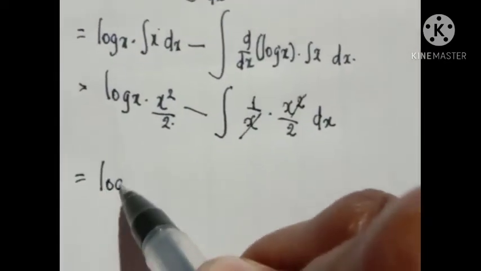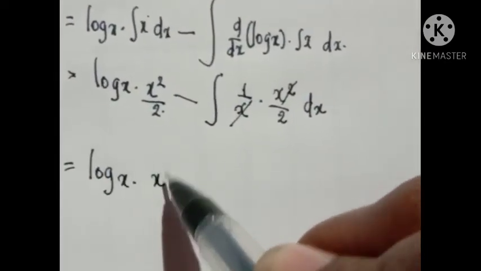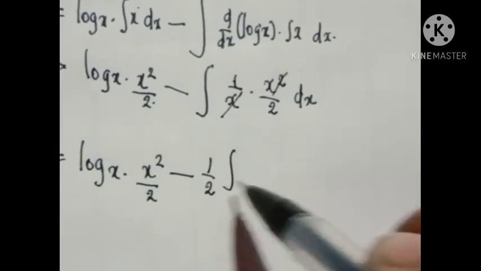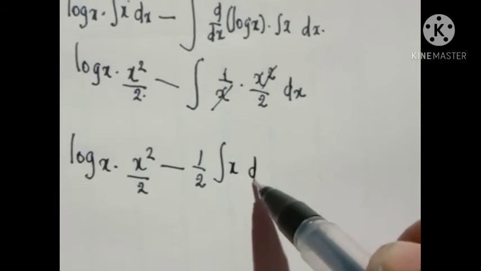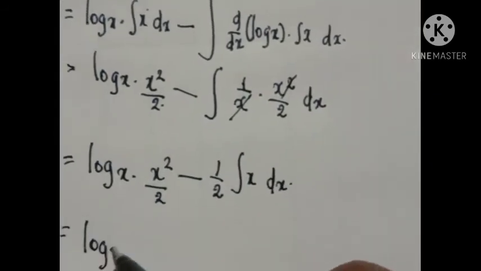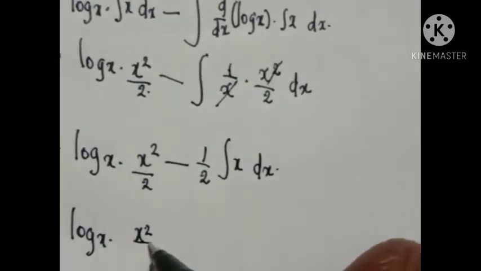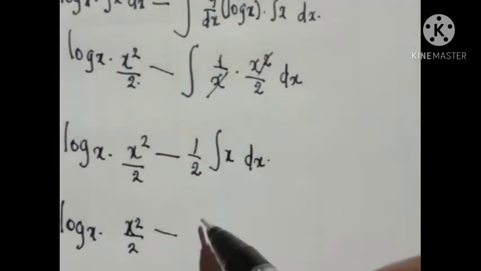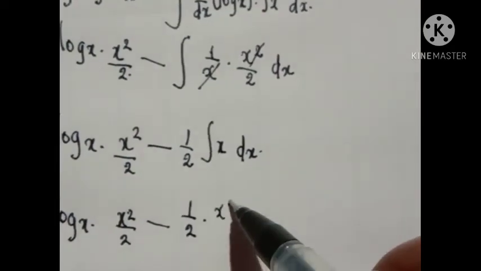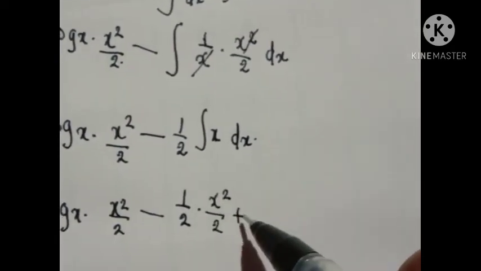So this can be written as log x into x square by 2 minus 1 by 2 into integral x dx. This is equal to log x into x square by 2 minus 1 by 2 into integral of x. It is x square by 2 plus c.